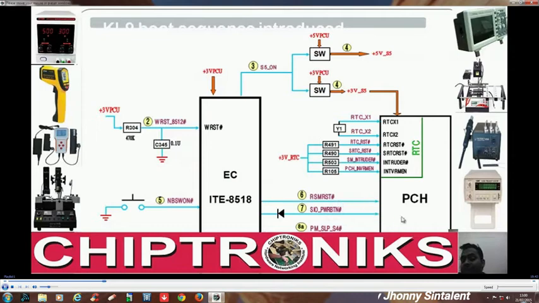After getting these two signals, the PCH will generate two more signals to the IO controller: PM underscore SLP underscore S4 and PM underscore SLP underscore S3. What exactly are these two signals? These are an indication to the IO controller to start the S4 stage and the S3 stage, and there are several kinds of stages in the power sequence.